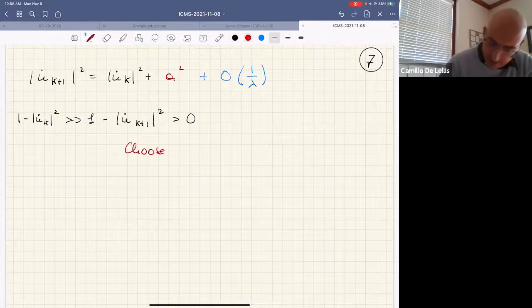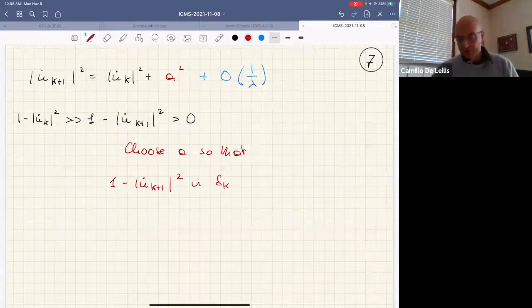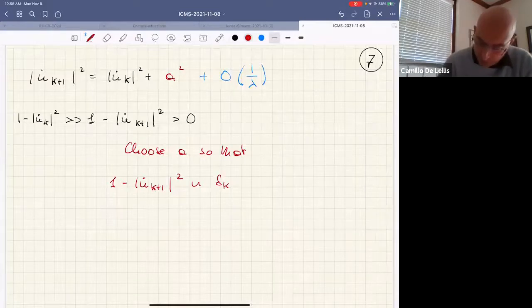So choose A so that 1 minus the modulus of u_{k+1} squared is any delta k that you want to choose. This delta k could be as small as you want.